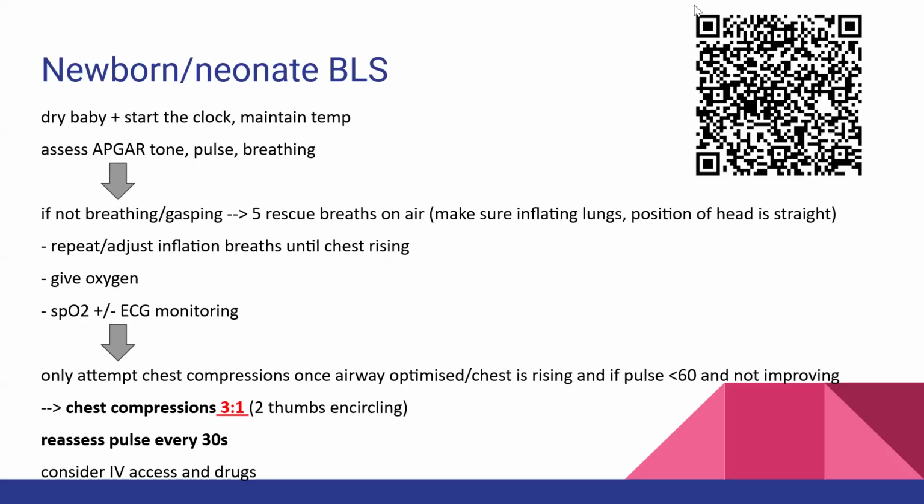This is a summarized version, and the QR code is the more extensive version. I will let you go through that in your own time. I think it's good to know, maybe not essential. I don't remember this being in our sim session when we went through pediatric BLS, but I might be wrong, you never know.